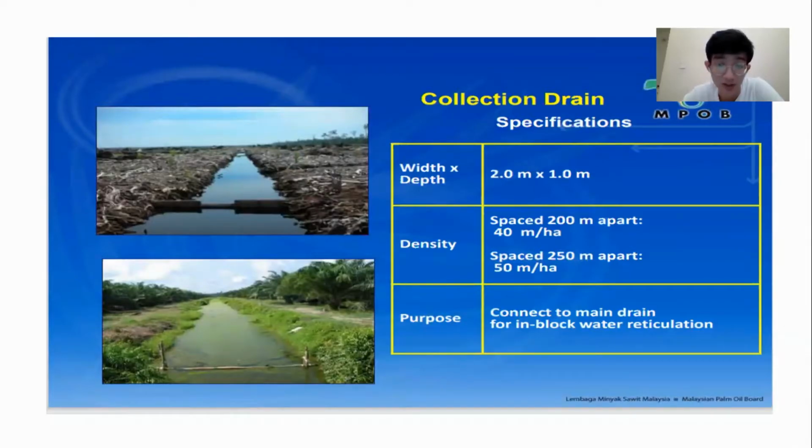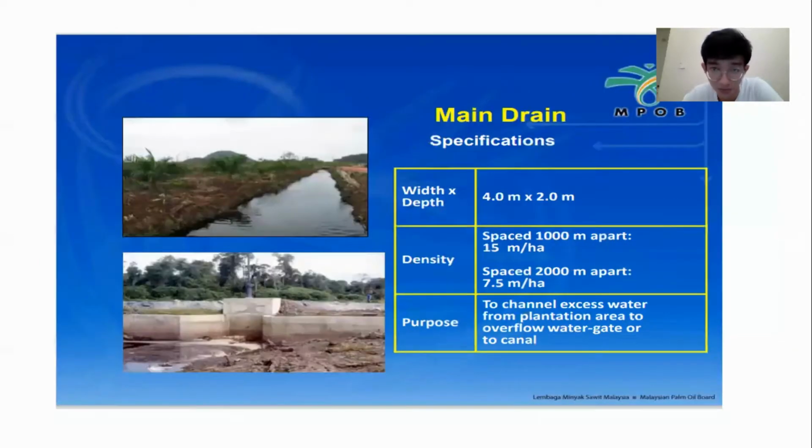And collection drain serves to connect to main drain for in-block water reticulation, and the specification recommended here is with width of 2 meters times depth of 1 meter.